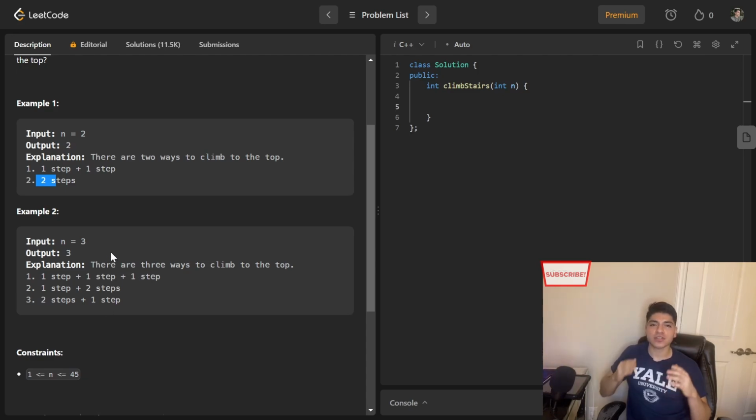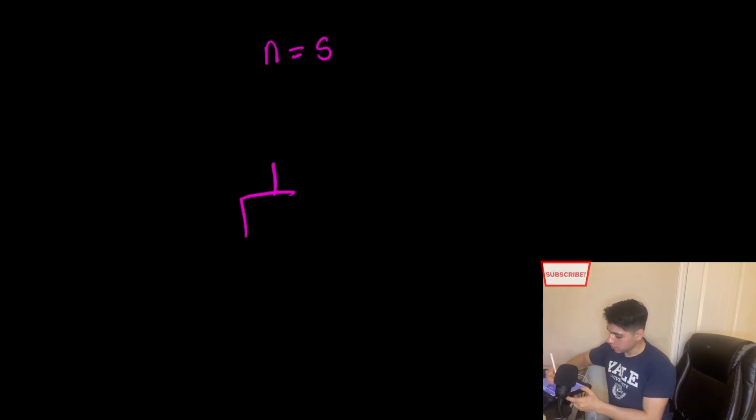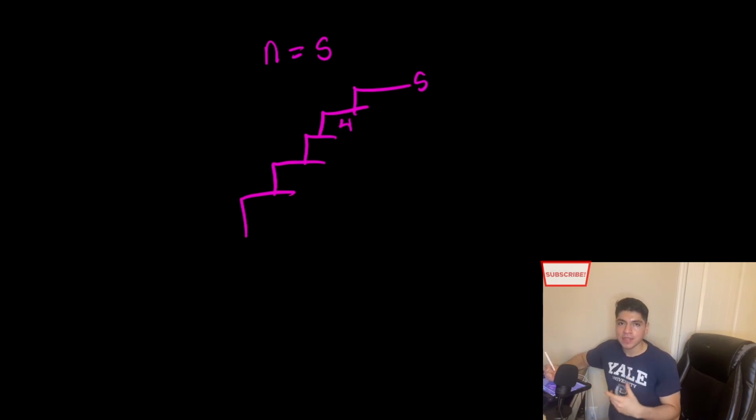Alright, let's start by understanding the problem. Okay, so a great way to look at these kinds of dynamic programming problems is going bottom up. And you'll see what I mean when we look at this example. So if I have 5 steps, or n equals 5, 1, 2, 3, 4, 5 steps, and I start from step 4, how many solutions can I come up with to get from step 4 to step 5?